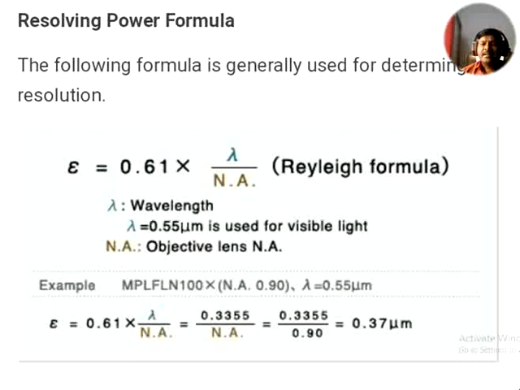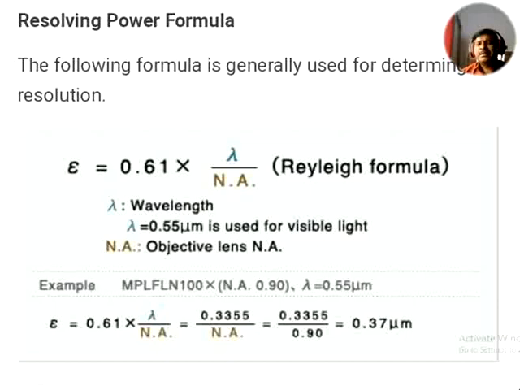Here the numerical aperture of the 100x oil immersion objective is 0.90, and the value of lambda is equal to 0.55 micrometer.